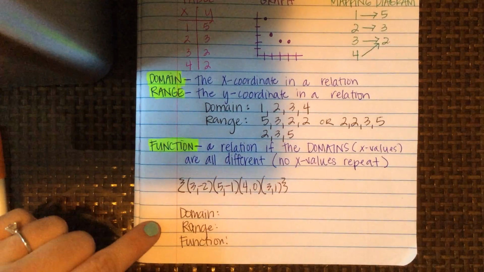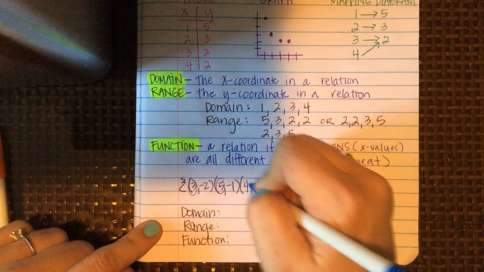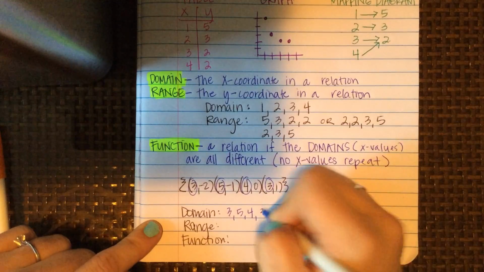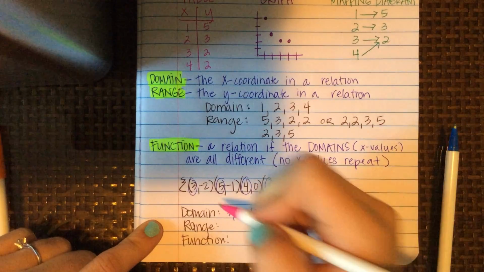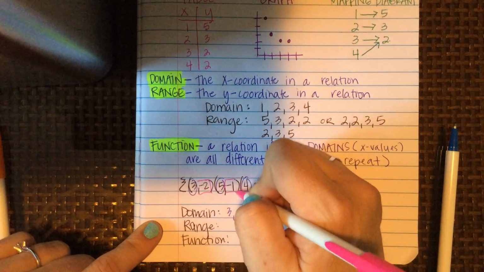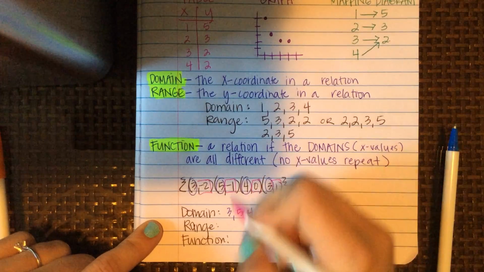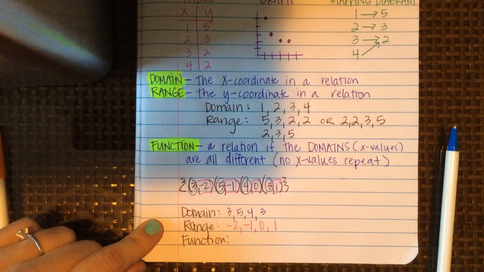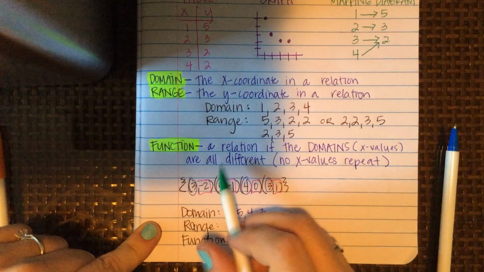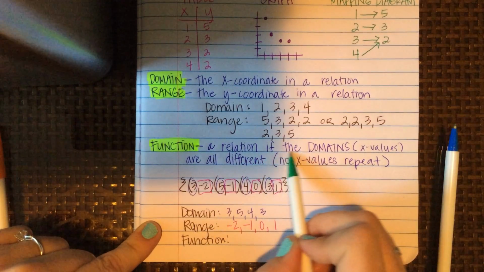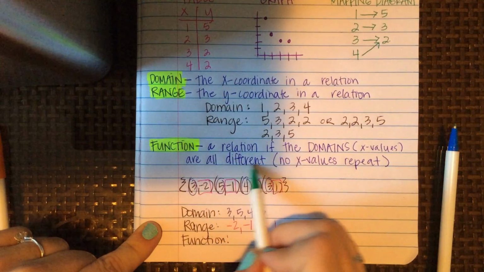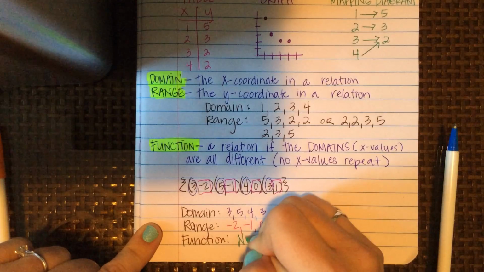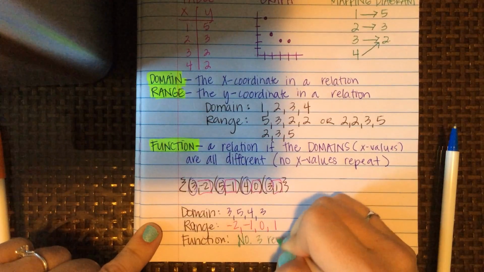All right, let's list the domains: 3, 5, 4, 3. The ranges: -2, -1, 0, and 1. And is this a function? A relation is a function if the domains are all different. So I look at the domains. Are they all different? No. 3 repeats.